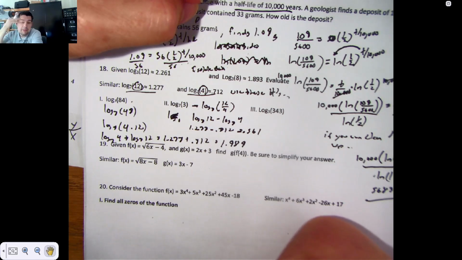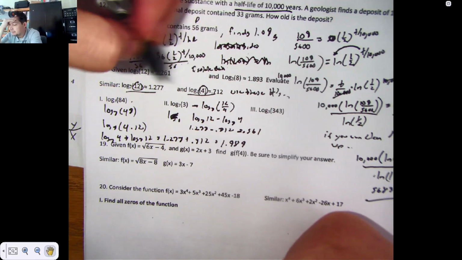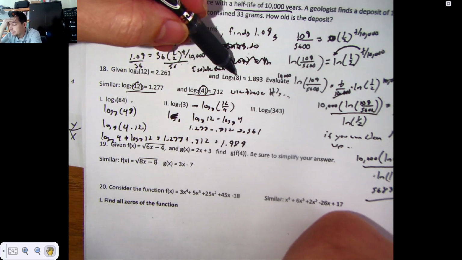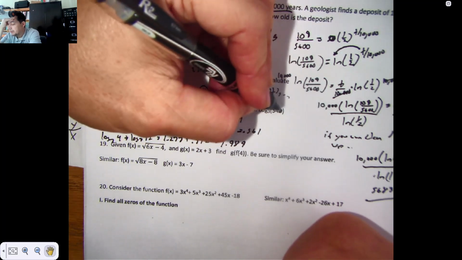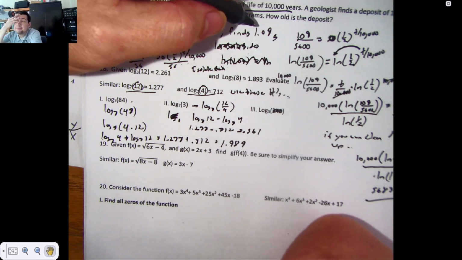Part 3, we got log base 3 of 343. That won't work for the numbers I've got here. They won't even work for these numbers. So I need to fix this before I make you a printout. Instead of 343, what do I want to use here?